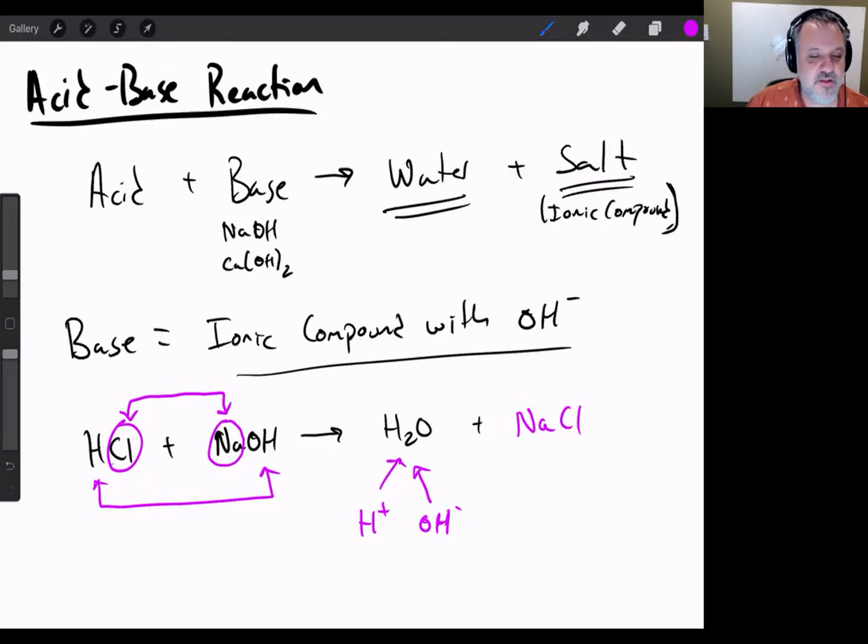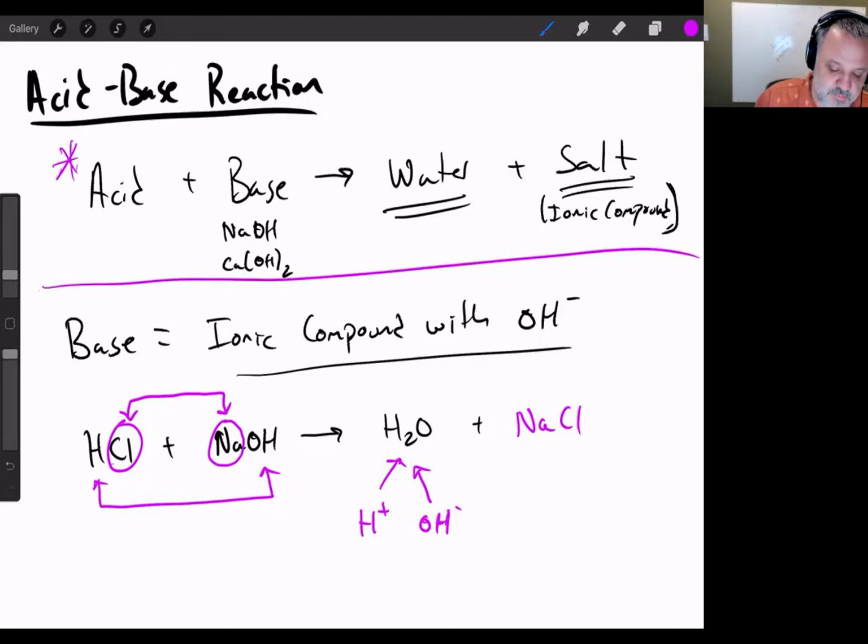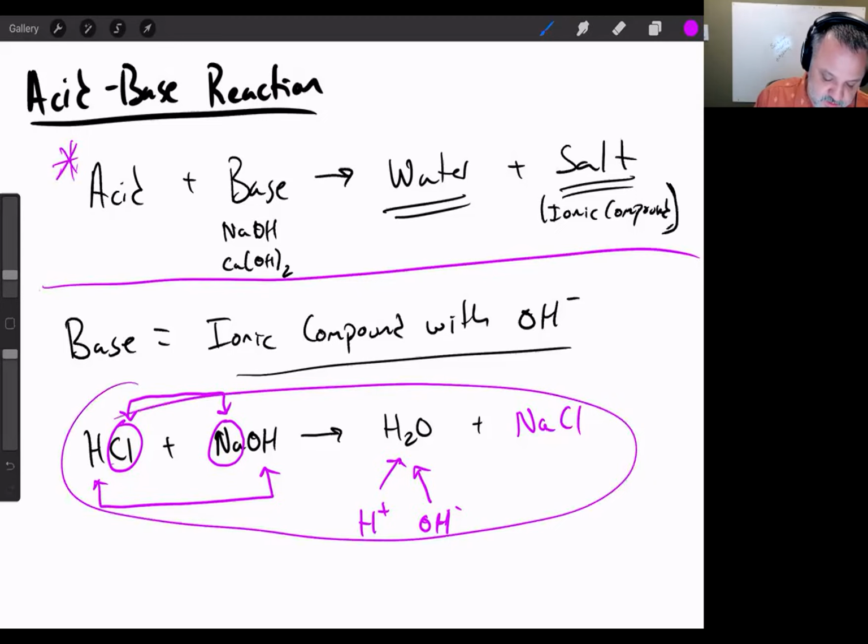So it really is at its heart still a double replacement reaction. But we use this mnemonic to memorize how to complete the reaction. So acid plus base yields water plus salt, but at the end of the day, it really is just a double replacement reaction where H plus and hydroxide form water.